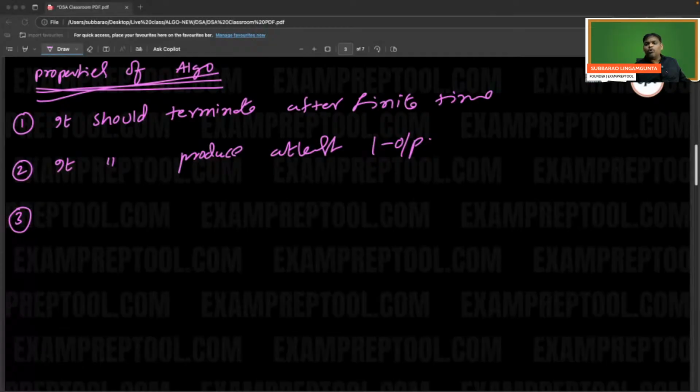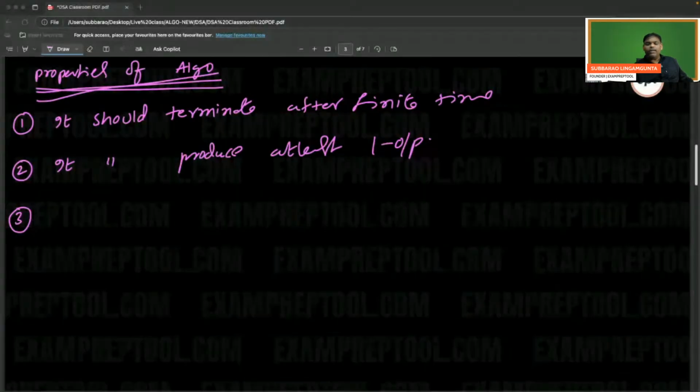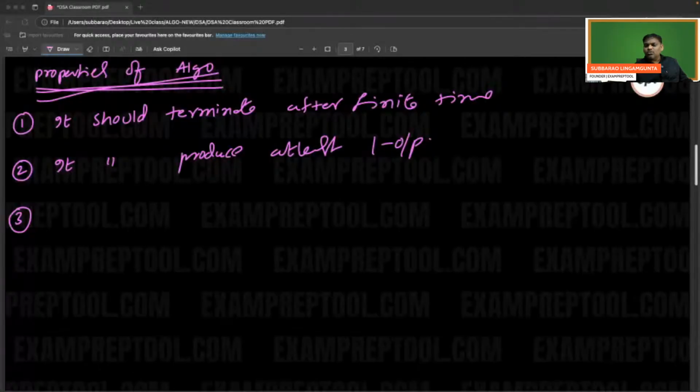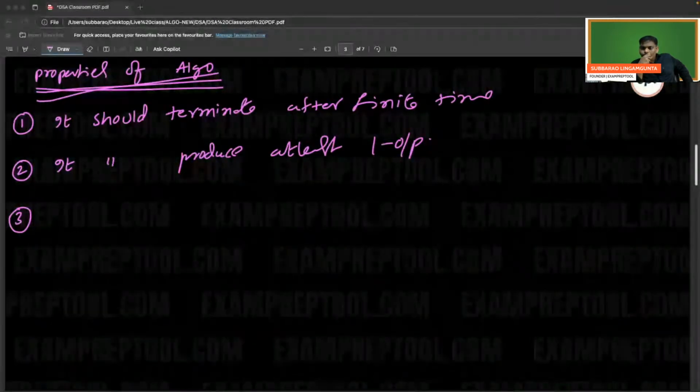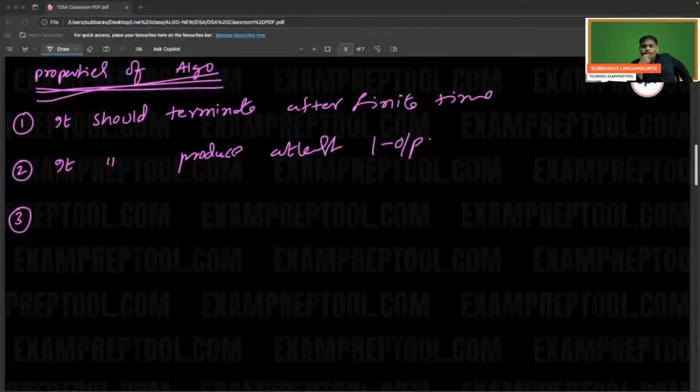I have written two main properties: it should terminate after finite time, and second, it should produce at least one output. Is there anything else you want to say so that I can write? Hello?